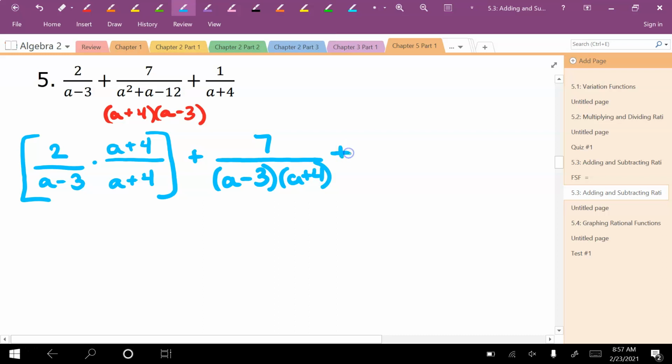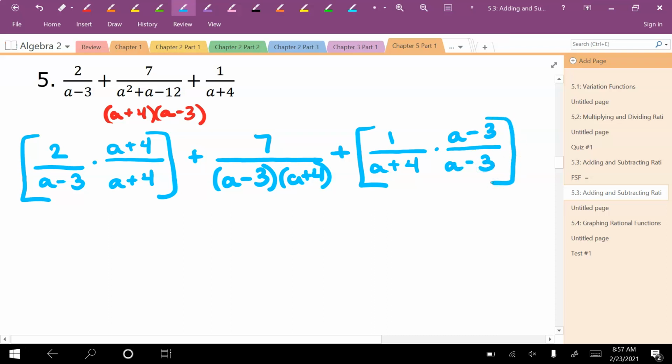What do we need to do to the third fraction? Good, it needs an a minus 3, so multiply by an a minus 3. Okay, I want you guys to take a couple minutes, finish this up, multiply, and then try to simplify if you can.